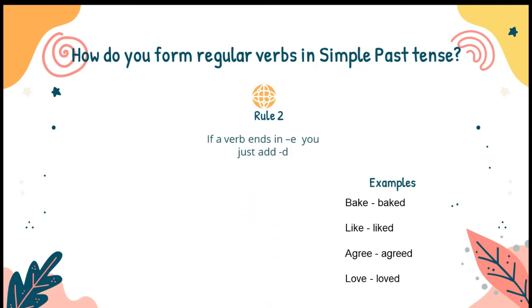If a verb ends in E, you just add D. So, in these examples, bake is ending by E. Like is ended by E too. Agree is ended by E. Love is ended by E. So we don't need to put ed anymore. We just need to add d there. Like baked, liked, agreed, and loved.